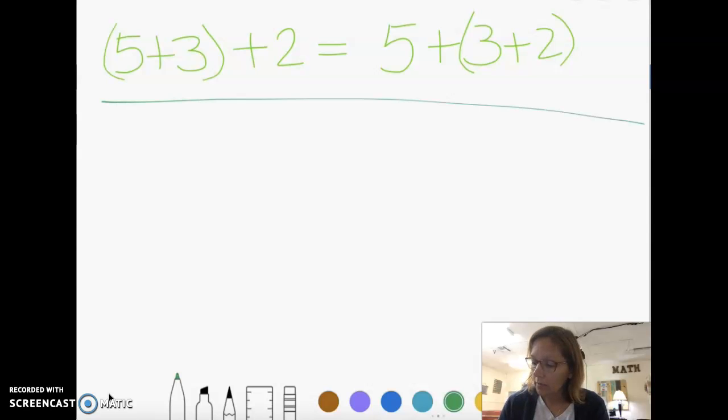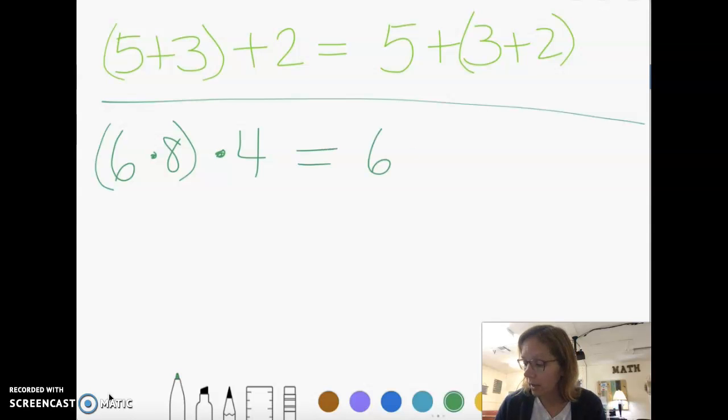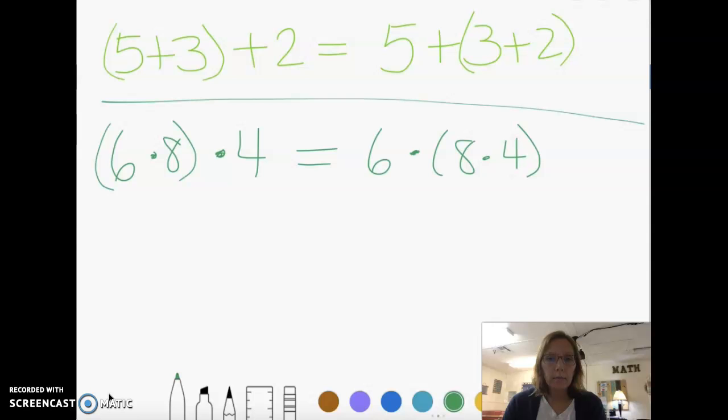So I could have (6 times 8) times 4, and I'll get the same answer even if I move those parentheses around the 8 and the 4. Okay? It doesn't matter where I move the parentheses as long as the entire problem is addition or the entire problem is multiplication. And that is the associative property.